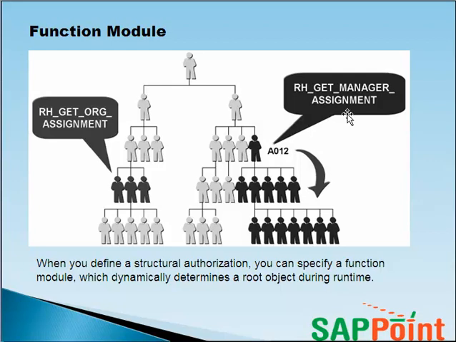What that function module would do is, once the manager logs in, the system is going to determine the personal number of the logged on user via infotype 105 and subtype 001.